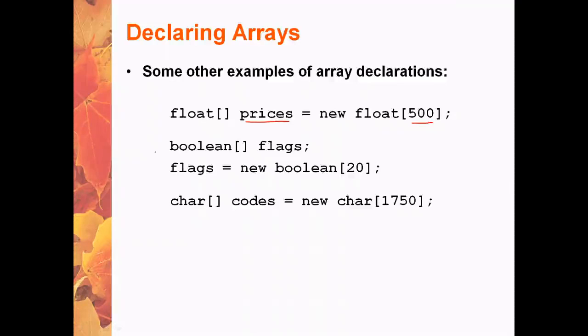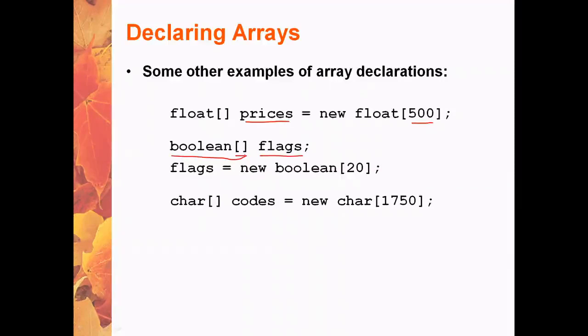There is one more variation in the declaration. We have boolean array brackets, the name of the array variable, then there is no equals or new keyword here, but on the next line we have flags is equals to new boolean. So we have separated the declaration from the instantiation. Even this type of syntax is allowed in Java.